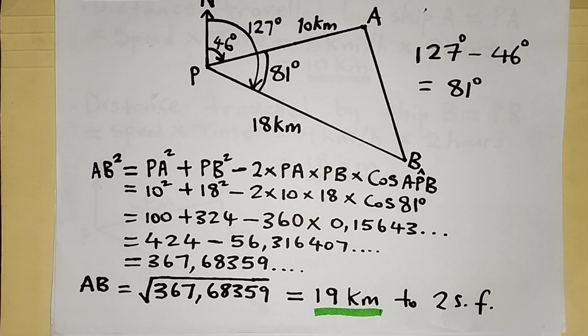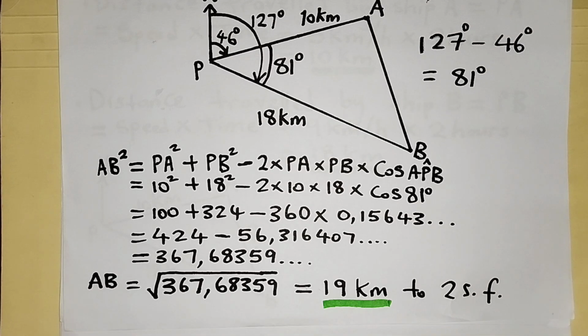I want to find the distance AB, so I'm going to find the square root of both sides. The square root of AB squared is AB, and the square root of 367.68359 equals 19 kilometers to 2 significant figures.